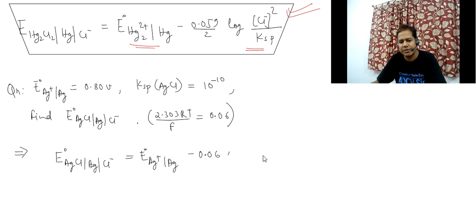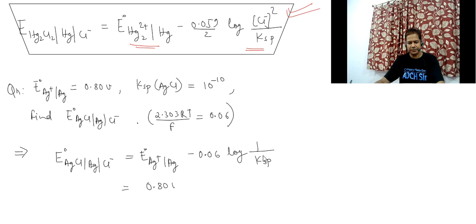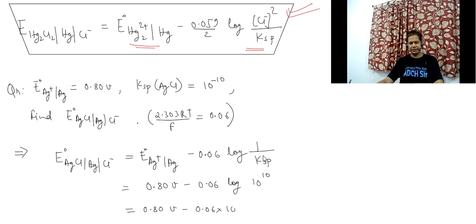So minus 0.06 log 1 upon Ksp. Now let us put the values and solve it. Value of E naught of Ag plus to Ag is 0.8 volts, minus 0.06 into log of 1 upon 10 to the power minus 10, which is 10 to the power 10. And log of 10 to the power 10 will be equal to 10. So 0.8 volts minus 0.06 into 10.